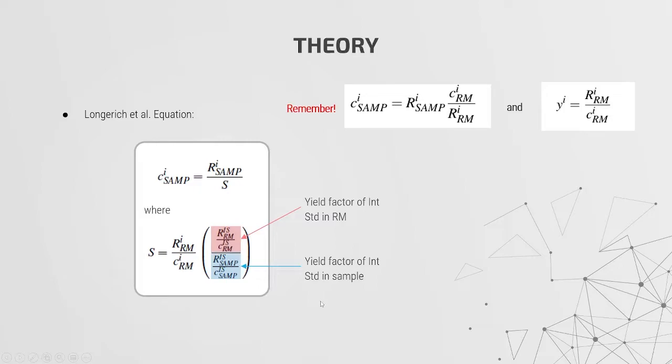And this bottom part is just the yield factor of the internal standard in the sample. So we're looking at an element of known concentration in both our standard and our sample. And this gives us a yield normalization factor. And it's unitless because this will have units of counts per second per ppm, and so will this. And really, it's just a factor that we apply to this equation so that we can take into account yield differences.